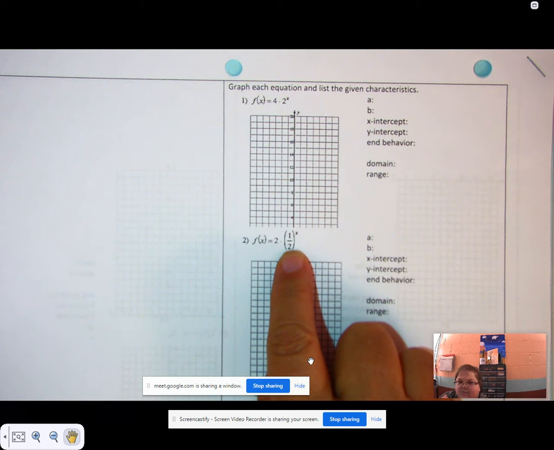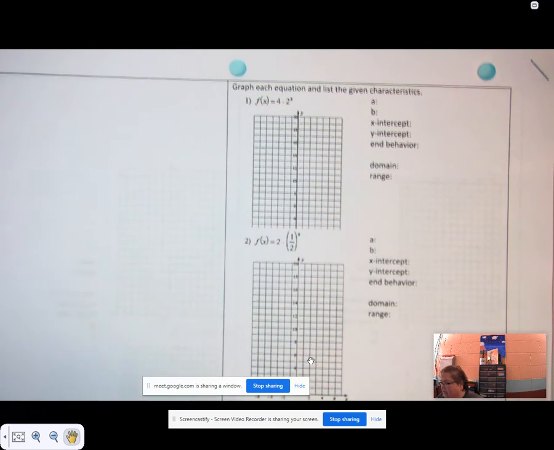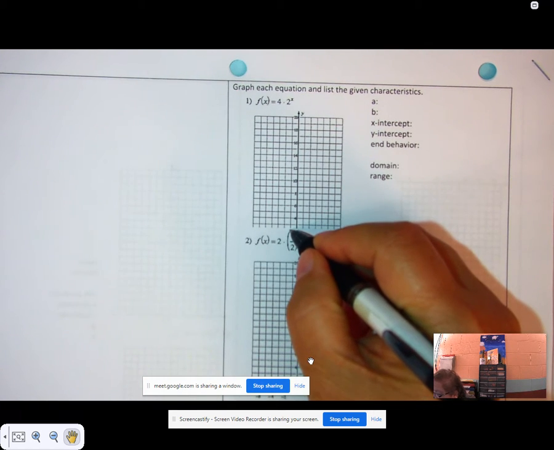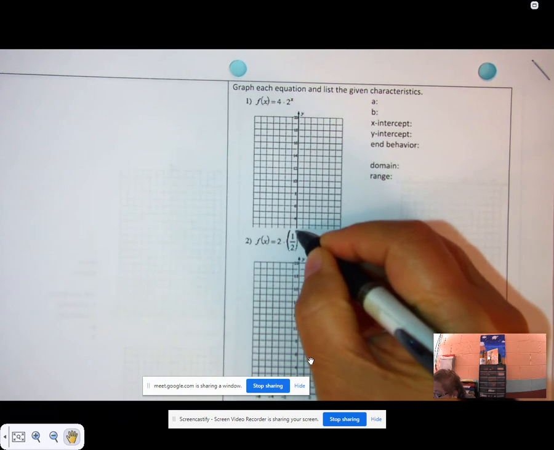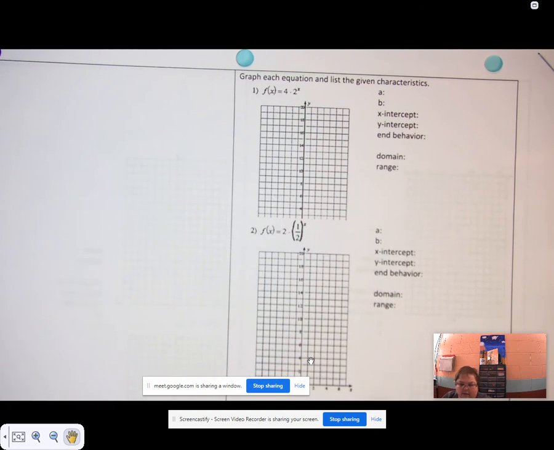So we're going to see what that does. That is the main focus today: how does a fraction change what my graph looks like? Nothing else is different here.